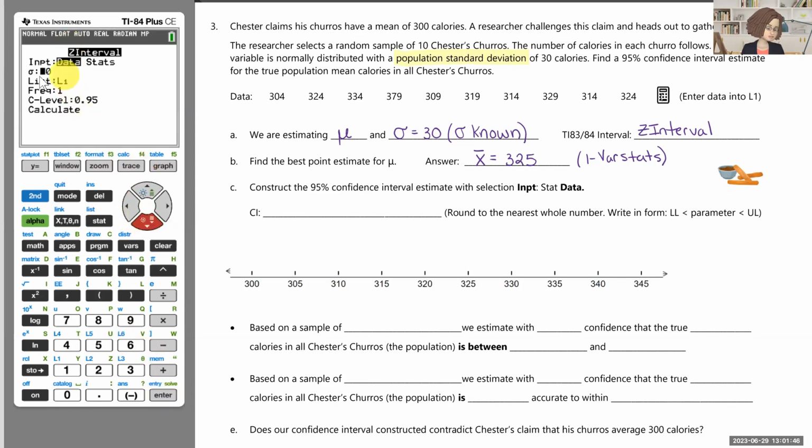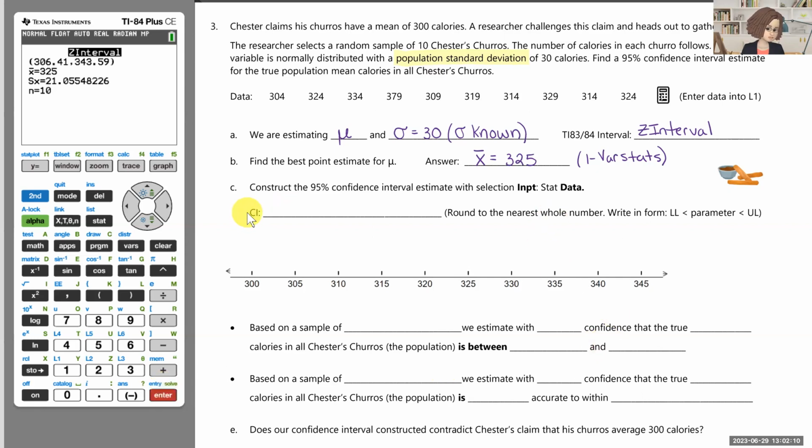So data's been selected. Enter your sigma. Your list will be L1. Frequency is always going to be 1. That just means there's one of each number. And confidence level, 95%, so 0.95 there. And calculate. And we're going to round to a whole number here.